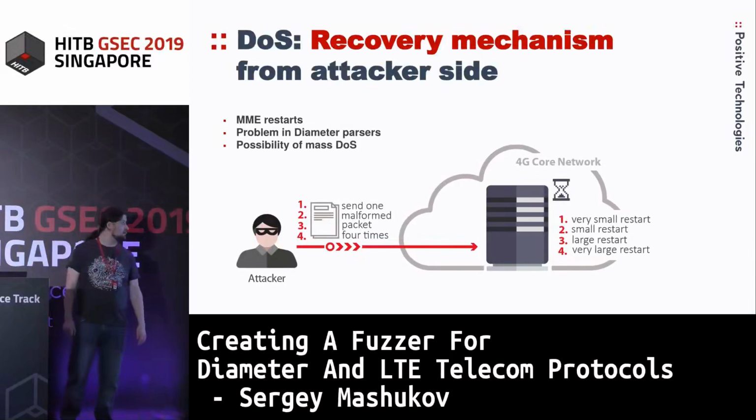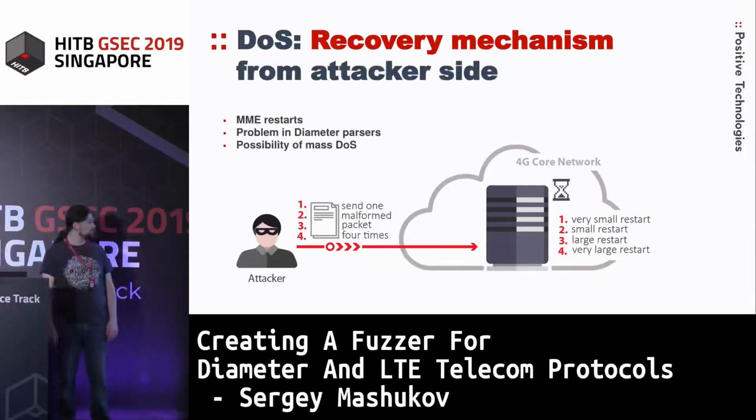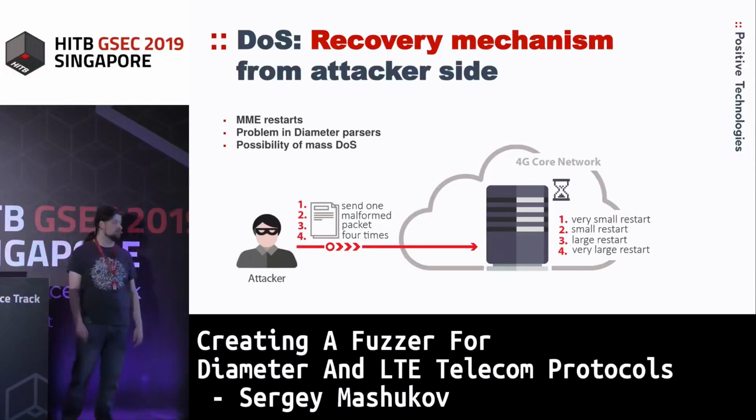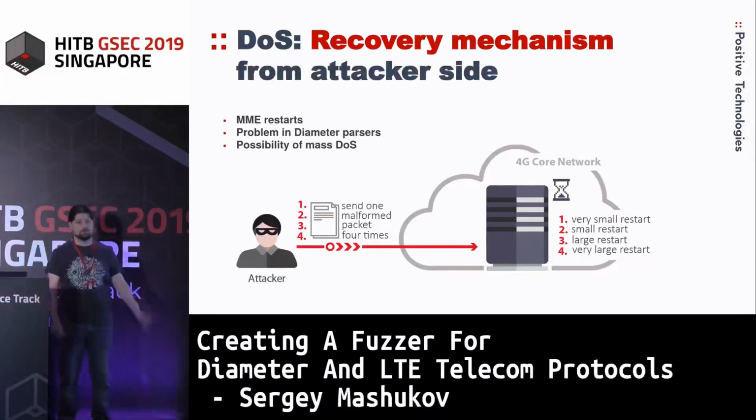Here we tested an MME, and it's a really interesting problem, because, as I said, when you send a malformed message to the node, it's a big cluster with a lot of processes; a process crashes, it goes up, everything is back to normal. The problem here is that if you persist in sending these malformed messages, and you don't need a lot of time, it's like 2 or 3 seconds and a burst of maybe 100 to 500 messages, the node will escalate the problem.